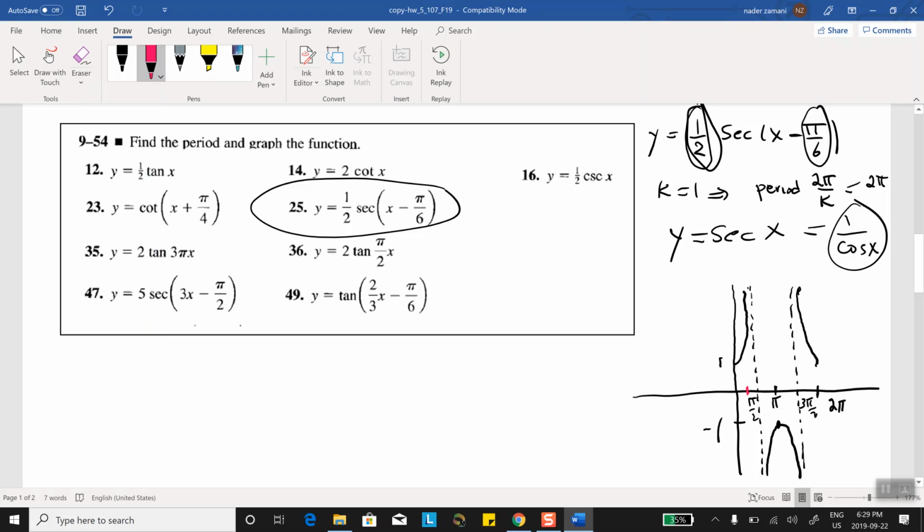Every point moves to the right by that amount. So this vertical line, if I pretend that distance is pi over 6, is going to go here. This vertical line is going to go there.